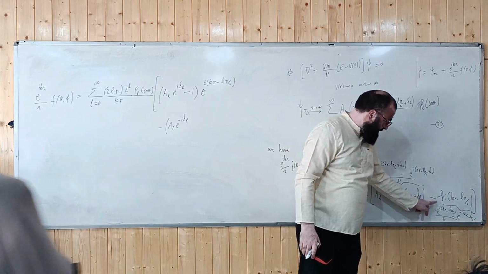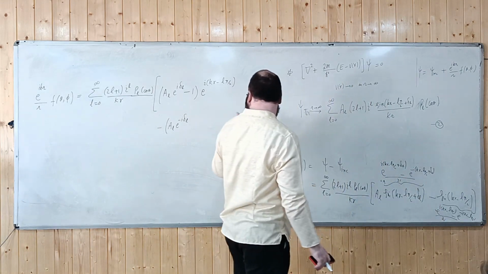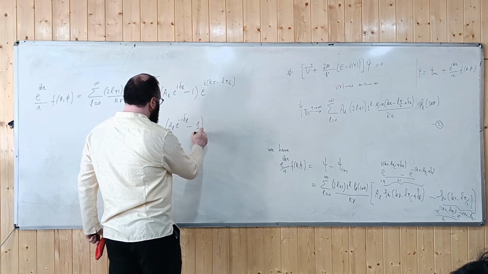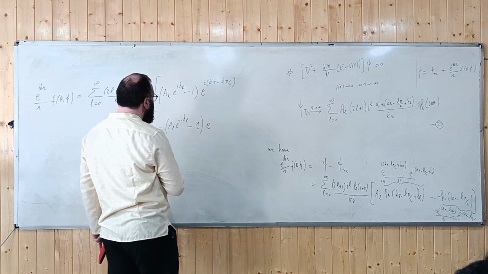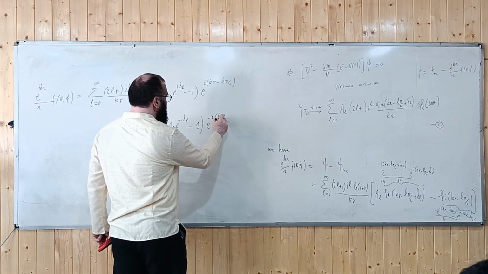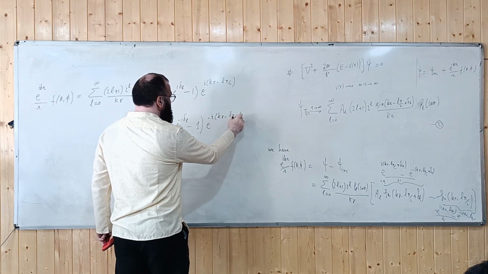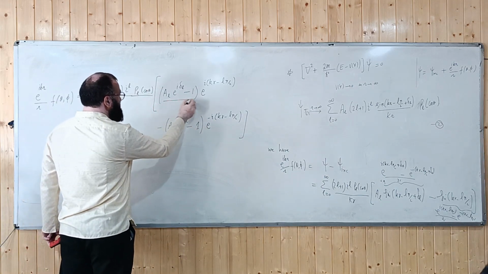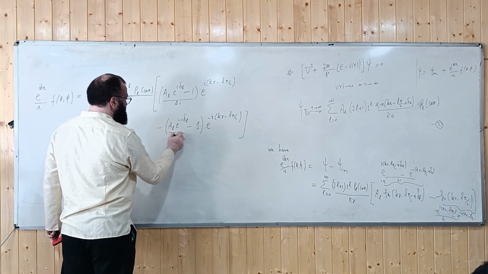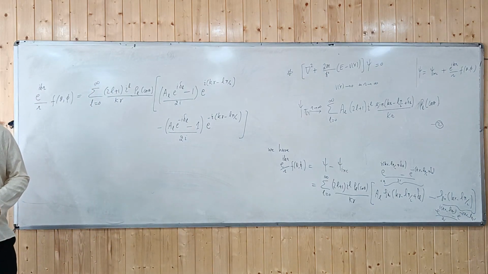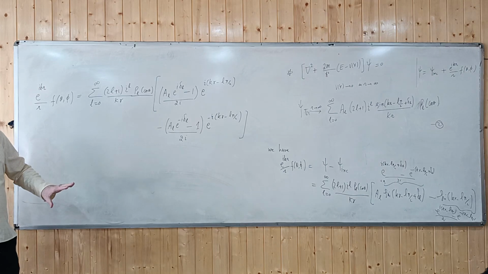Minus and minus is plus because I have taken the minus out, so it is minus 1. Then you have here e raised to the power −i(kr − Lπ/2). And in the denominator there is actually 2i, so let me write it. Everybody? Any problem?